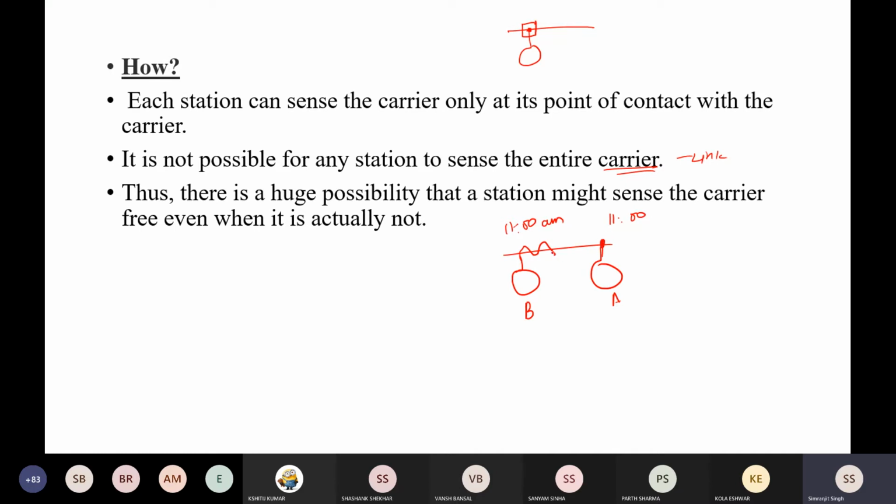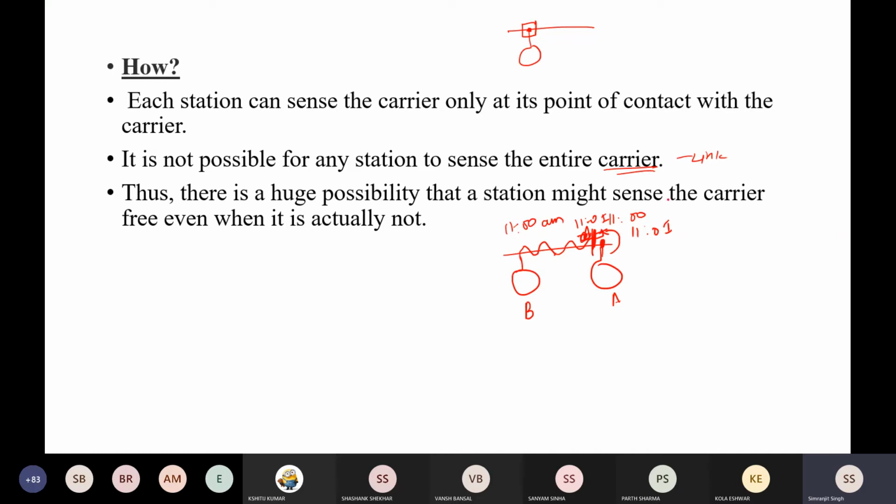Because the signal has not reached there yet, it finds that at that time the carrier is free. So it starts to transmit the packet onto the link, and at 11:01 this packet reaches here at A. So there will definitely be a collision here. There is a huge possibility of this actually.